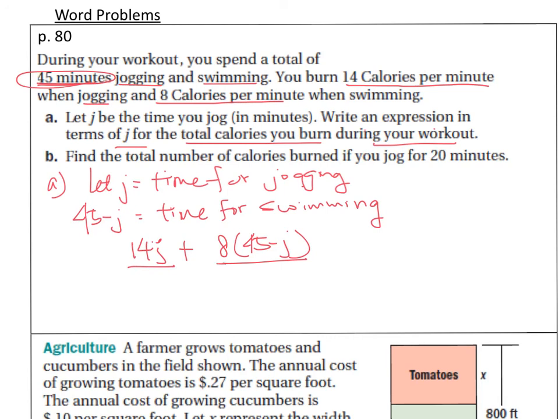So if we add these two terms up, it will represent the total calories you burn during your workout. Part B, find the total number of calories burned if you jog for 20 minutes.